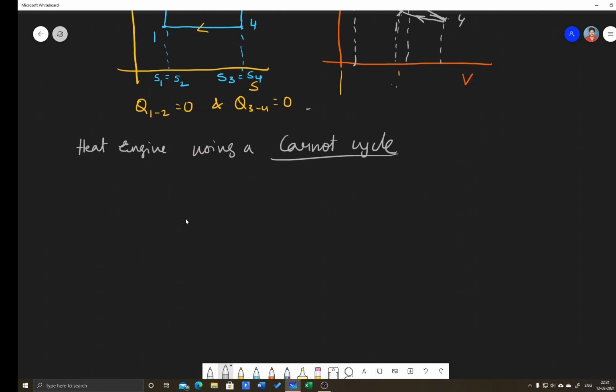So if you calculate the efficiency of a heat engine, which here is Carnot cycle, efficiency is equal to output by input, which is equal to output is work and input is heat supplied.